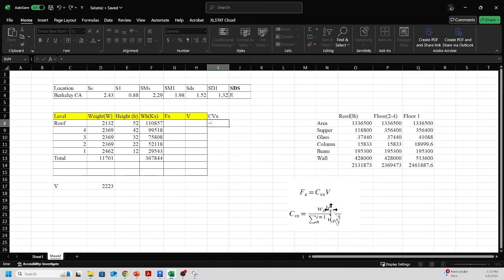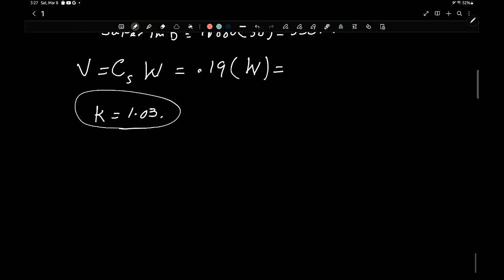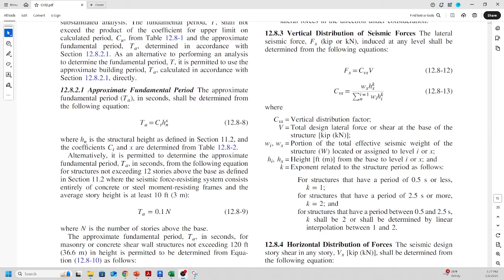Oh, we've got to calculate K. So, okay, to calculate K, how do I get 1.03? Let me show you. Coming back in here, it says for a structure that has a period between 0.5 and 2.5, just use linear interpolation.